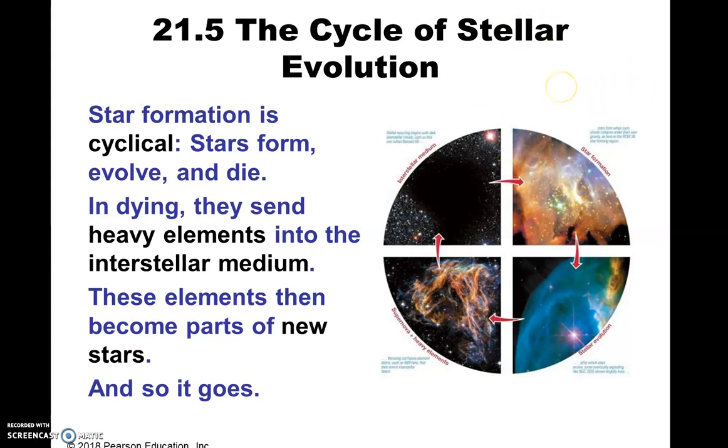the older stars were created from material in the interstellar medium that doesn't have as much metal, and so those are called population 2 stars. And in fact, we think that there were originally population 3 stars that formed from just pure hydrogen and helium.